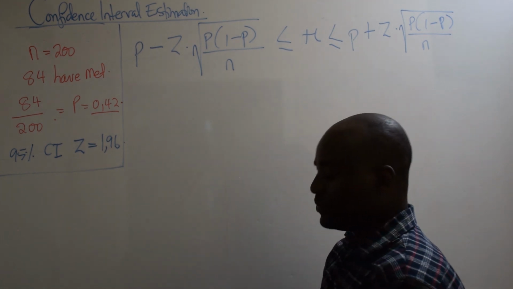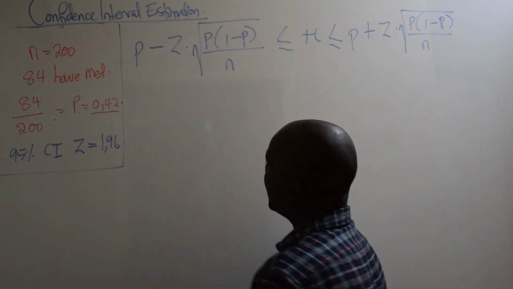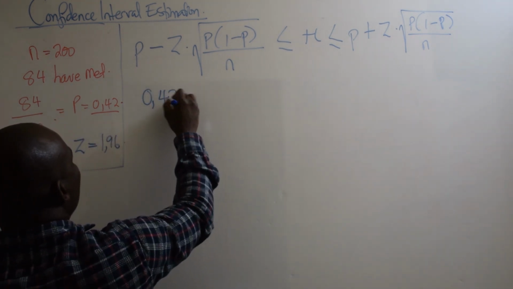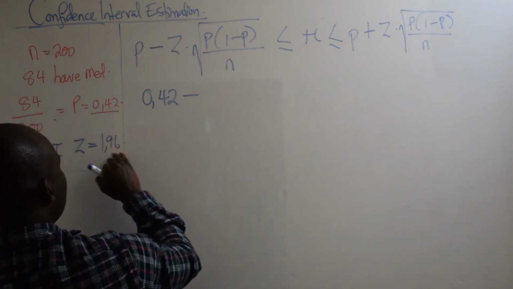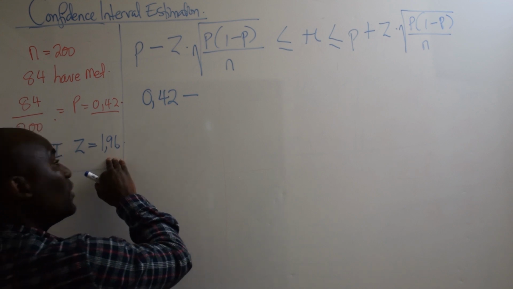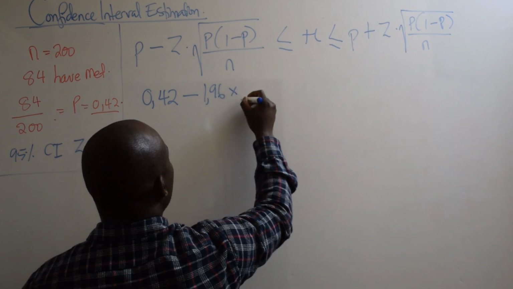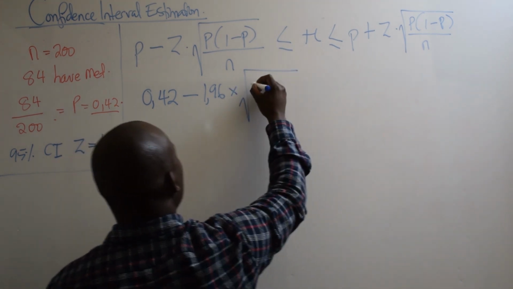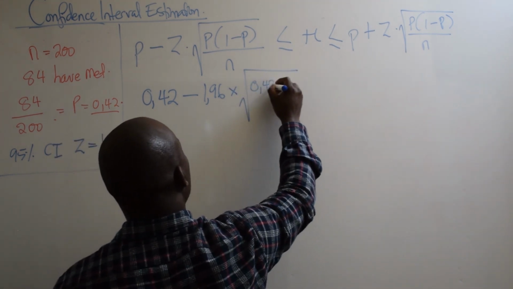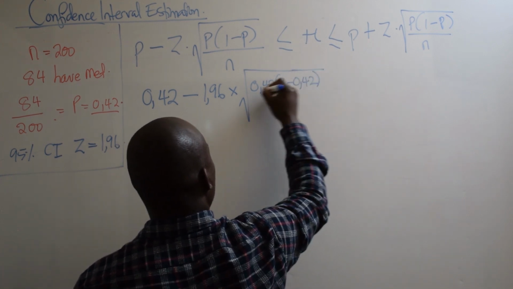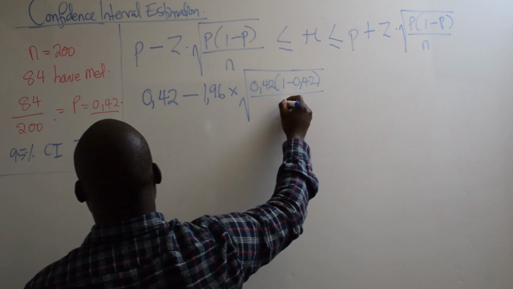So now we need to substitute. We are going to say 0.42 minus Z, which is the critical value, 1.96, multiplied by the square root of 0.42 times (1 minus 0.42), divided by N. What is our N?